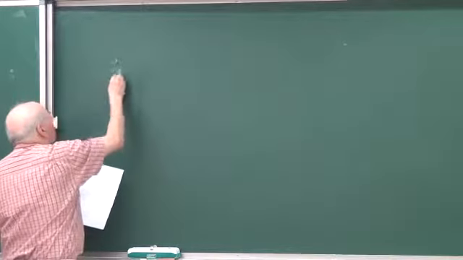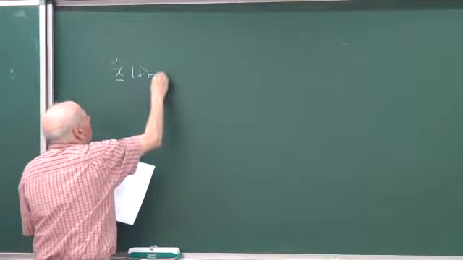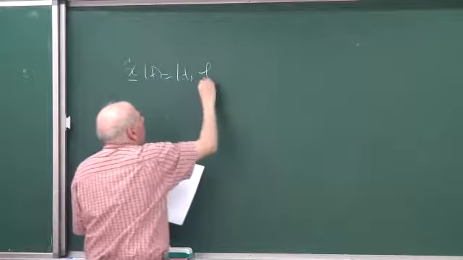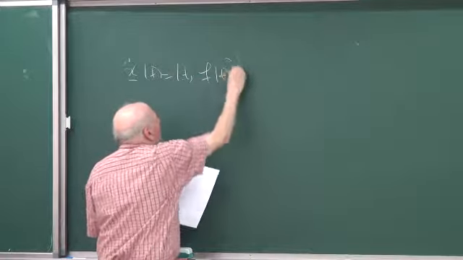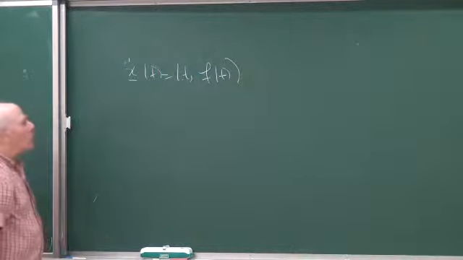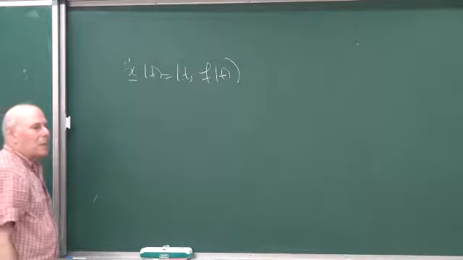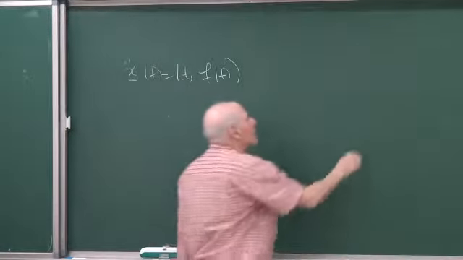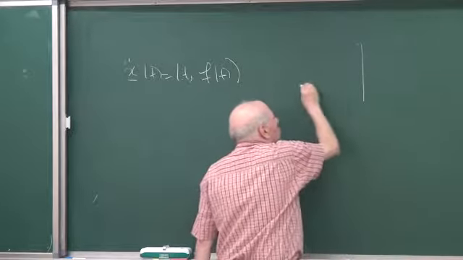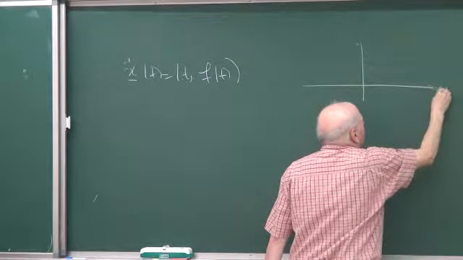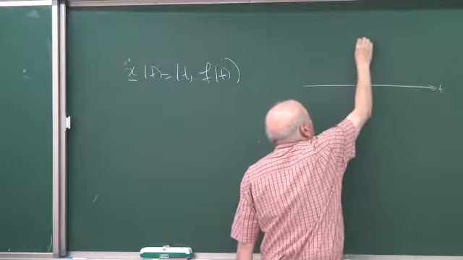It's a little tedious, but let's do the one that everybody knows. That's a curve in space, but let's just do the curve in the plane. So here's t, and here's x.